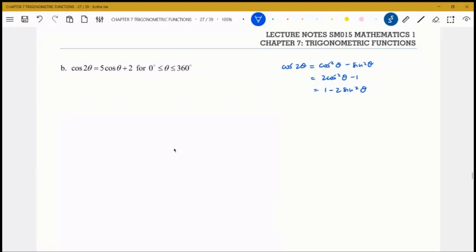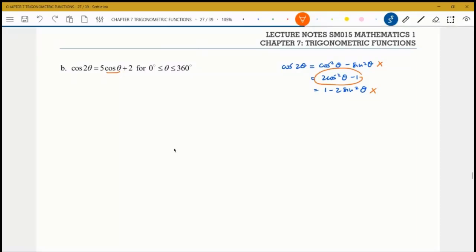So untuk yang ini kita akan cancel, kita tak pakai sebab dia ada sin square. Untuk yang ini pun kita tak akan pakai sebab di sini adalah cos theta. So bermaksud kita akan consider yang ini untuk kita substitute kepada sebelah kiri. So that everything should be in term of cos. Okay, everything should be in term of cos dan single theta.